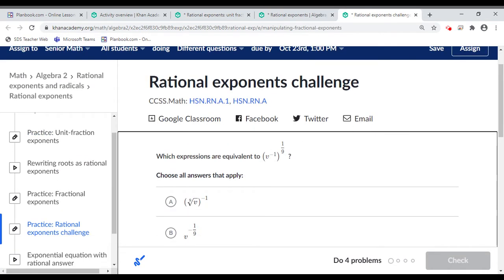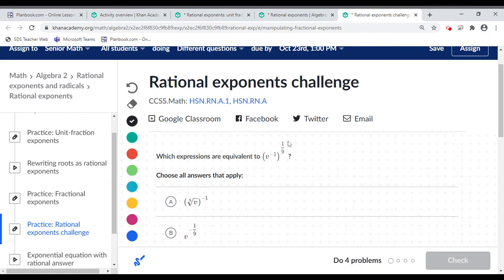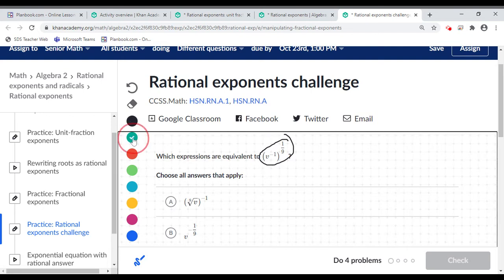All right, now which expressions are equivalent to this? All right, so the only new thing here that you notice is a negative power. All right, let's talk about that real quick. A negative exponent means fraction. So what this really means is that we flip that thing upside down.